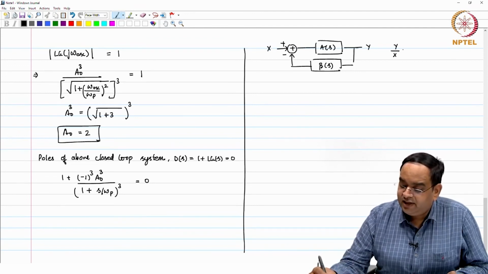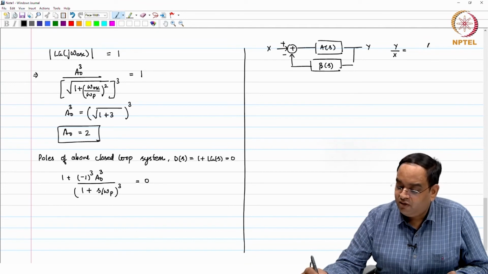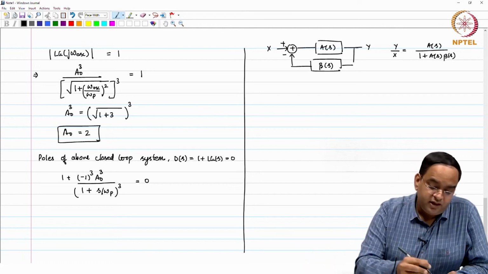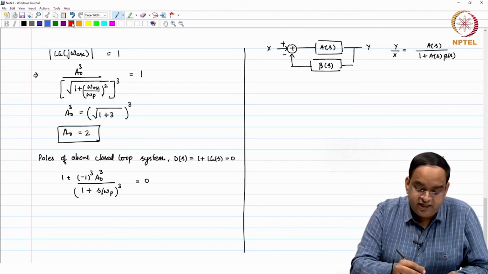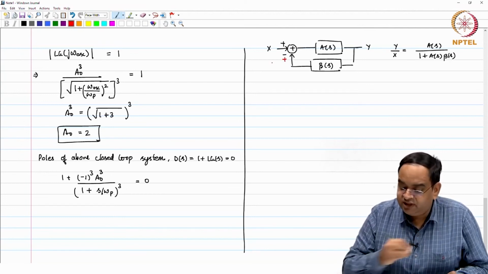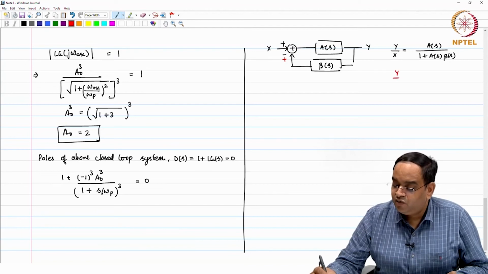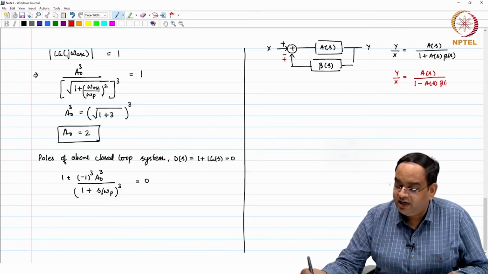Y by x is equal to A of s divided by 1 plus A of s beta of s. Okay. If it happens, you can rewrite those equations. If in place of this negative sign, you have a positive sign here, then y by x is equal to A of s divided by 1 minus A of s times beta of s.